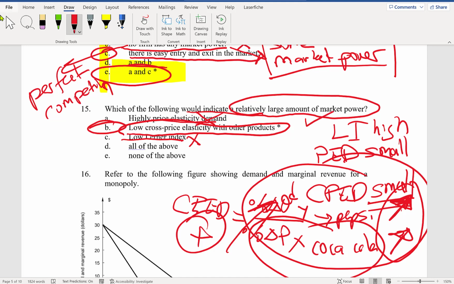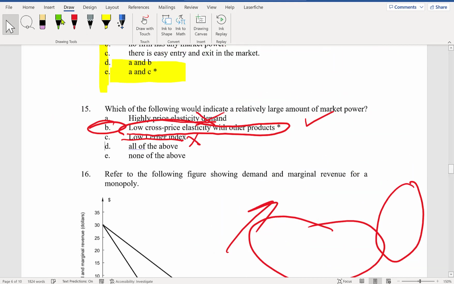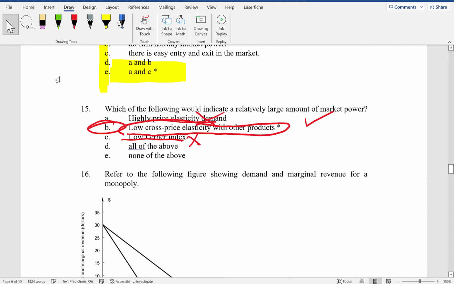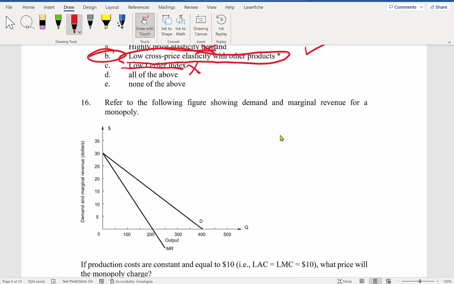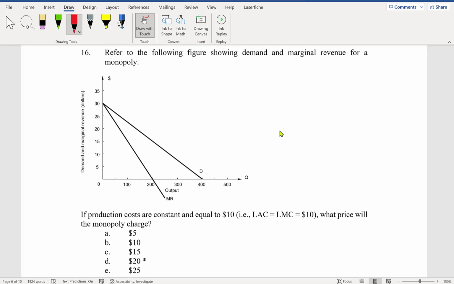All right, the last question we're going to go over is question 16. Refer to the following figures showing demand and marginal revenue for monopoly. If the production costs are constant and equal to $10, long run average cost, long run marginal cost, what price will the monopoly charge?